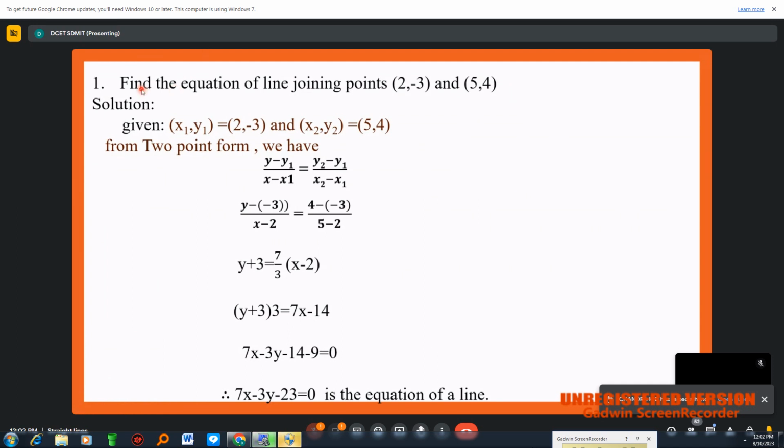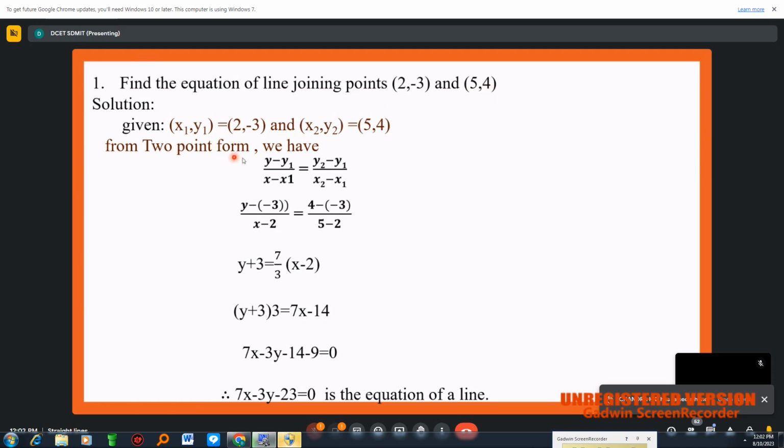So next question: find the equation of a line joining the points (2, minus 3) and (5, 4). They have given the two points, so we have to find the equation. This point is x1, y1 and this is x2, y2.